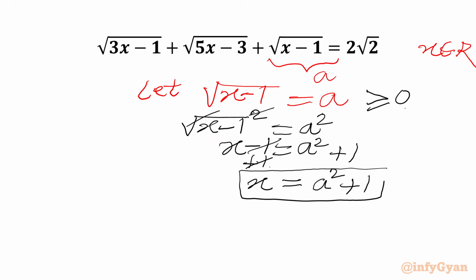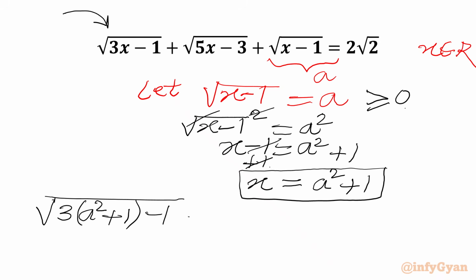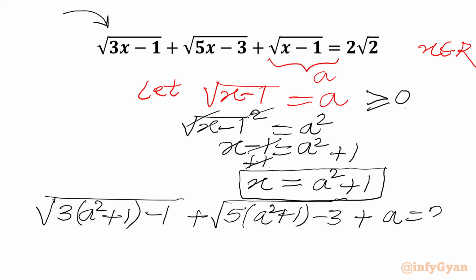Now we can replace x in terms of a in our original equation and we will get square root of 3 times (a square plus 1) minus 1 plus square root of 5 times (a square plus 1) minus 3 plus a equal to 2 square root 2.